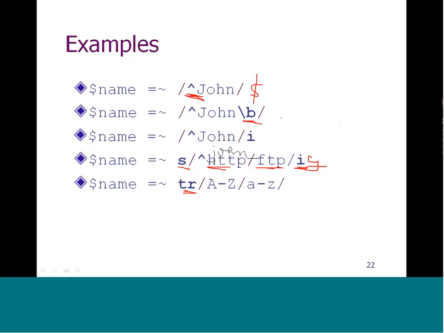For example, we can use G. So here instead of i we can use G. G is matching globally. So this probably matches only the first occurrence, but if you put a G, then it matches all the occurrences of John in this particular variable.